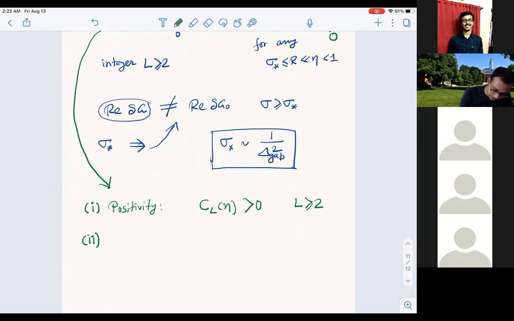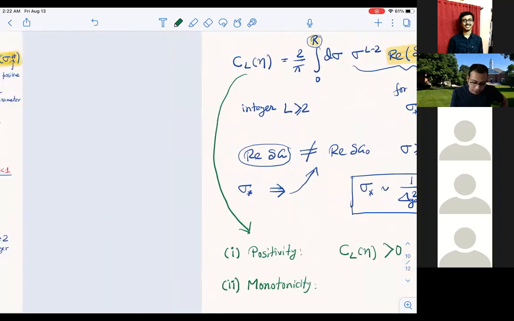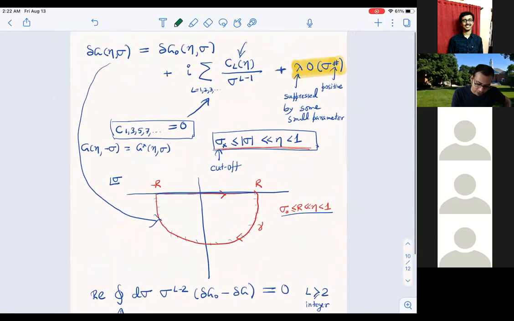Then the next condition is monotonicity. Sandipan, C_Ls are related to what? Did you relate C_Ls to something? Not yet. They are basically these coefficients.